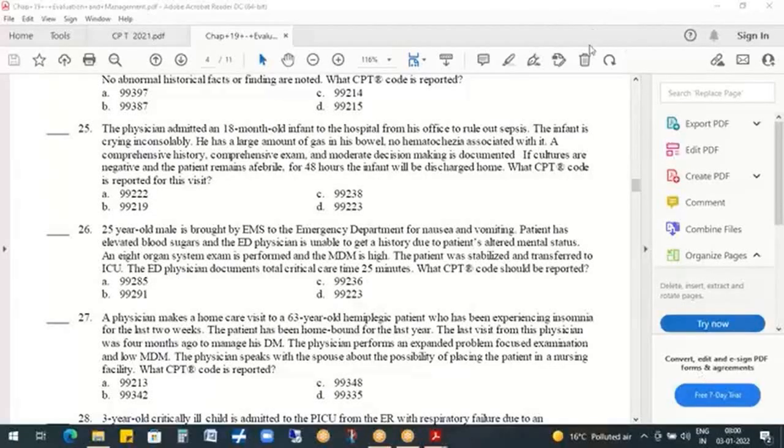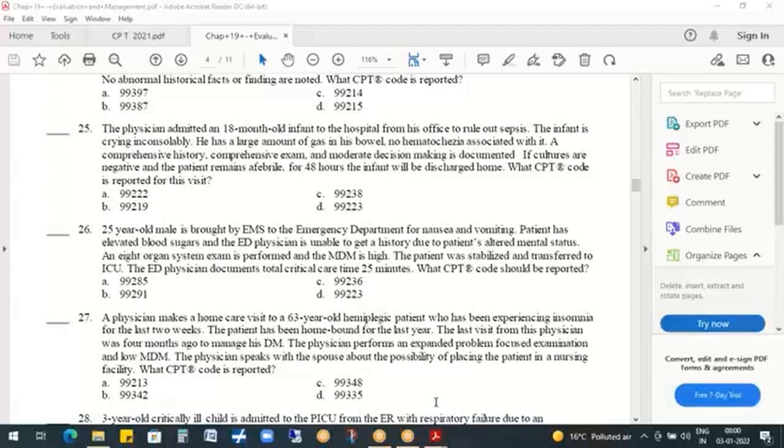He is admitted to the hospital from his office. What is the initial location, Naheem, after reading the question? First, where is the patient initially? Initially, he is at his office, and then he is admitted to the hospital.